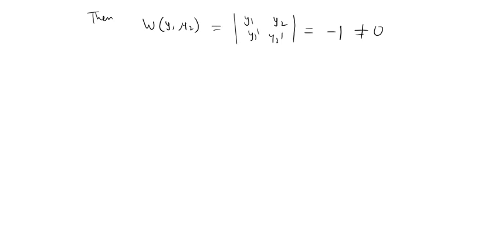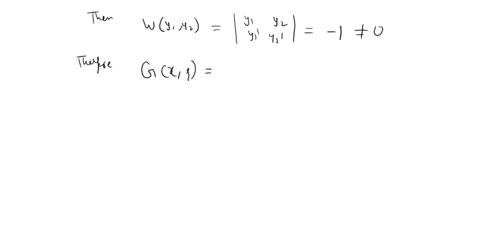Okay, so now I have y1 and y2, so find their Wronskian. The Wronskian of y1 and y2 is the determinant of y1, y2, y1 dash, y2 dash, so this is just minus 1, it is not 0, so they are linearly independent. And now I write the Green's function, so therefore the Green's function g(x, xi).